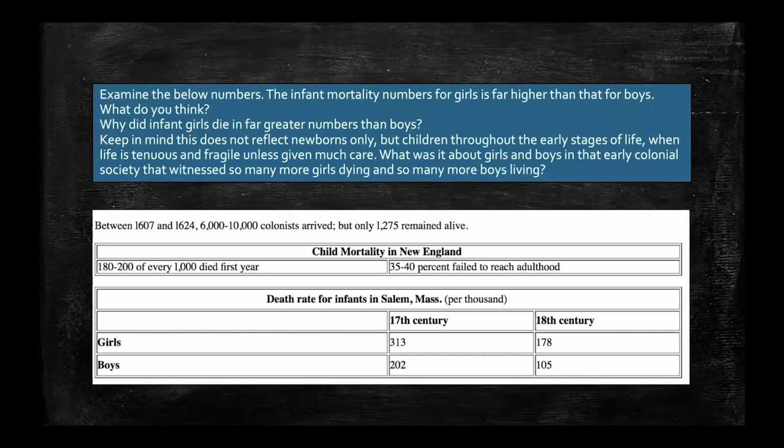Keep in mind, this does not reflect newborns only, but children throughout the early stages of life, when life is tenuous and fragile unless given much care, right? Because humans are basically fetuses when they're born still. Think of other mammals when they're born. They come out as miniature adults.